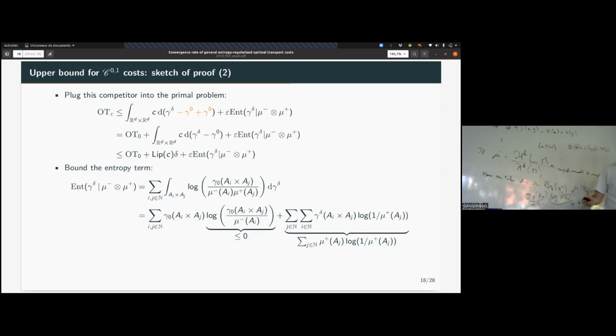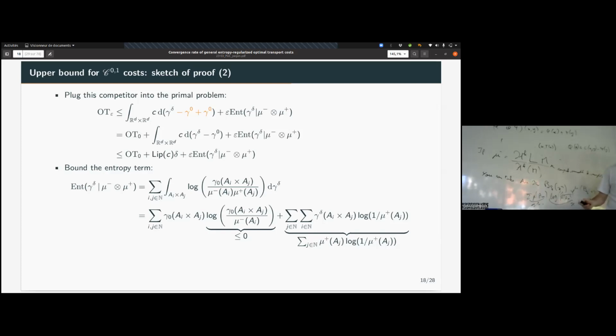We take this mu plus and put it aside. The remaining is gamma 0 divided by mu minus, but this is less than 1, because gamma 0 is a transport plan, so its first marginal is mu minus. So this is just a part of the mass of the input. So the log is negative, and you can forget about this.